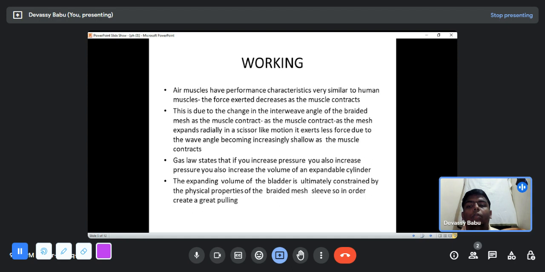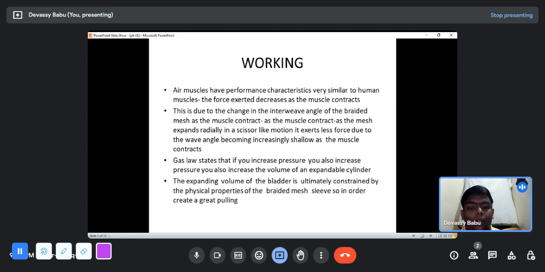The working of pneumatic air muscles: the air muscles have performance characteristics very similar to human muscles. The force decreases as the muscle contracts. This is due to the changing inner weave angle of the braided mesh as the muscle contracts.